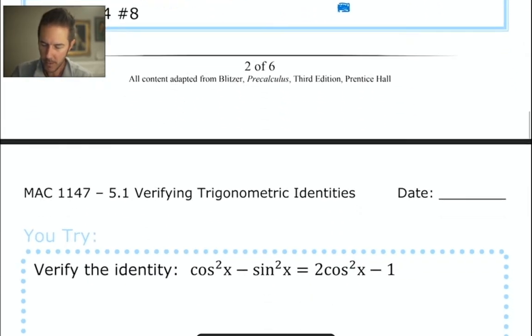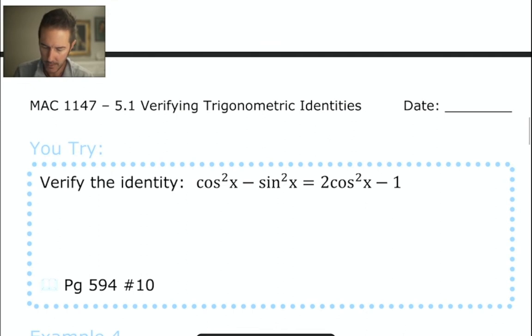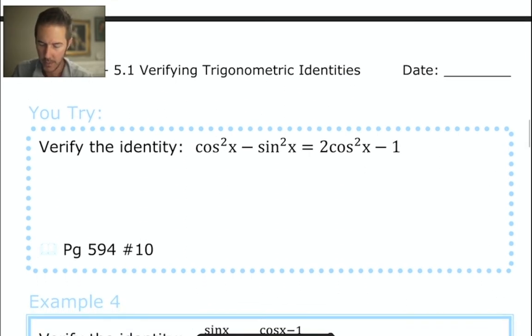So we're going to use that modified version of the Pythagorean identity in order to change on the left-hand side sine squared into 1 minus cosine squared. Let's see what happens. So I'm going to keep this cosine squared x minus, and then parentheses, because what we're substituting in place of sine squared has 2 terms.